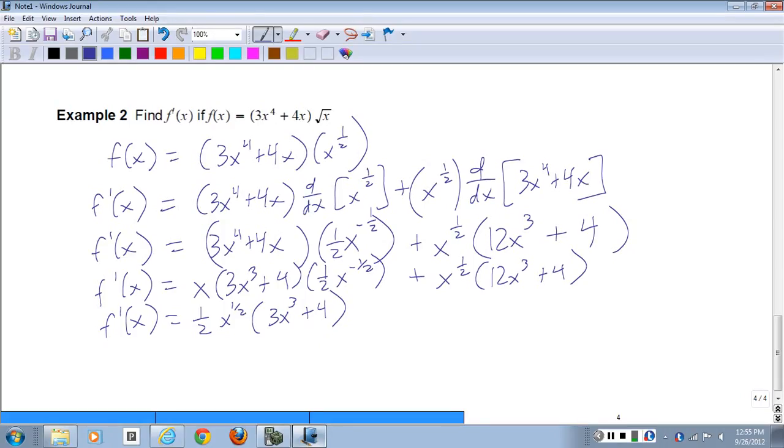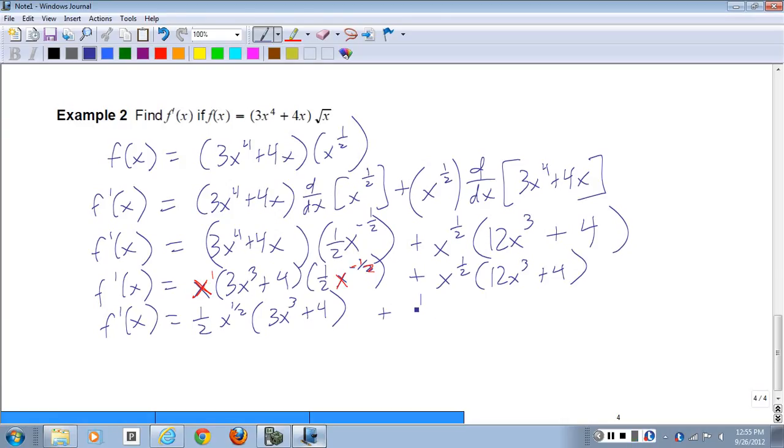What happened is that this x and this x to the negative 1/2, x to the 1 and x to the negative 1/2, got multiplied together. And I added the exponents to get positive 1/2. And I took the 1/2 out just because I didn't want the 1/2 inside the parentheses. It gets weirder, just wait.